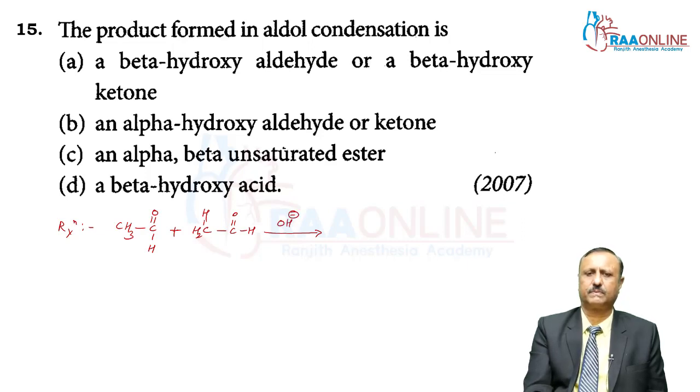The H plus ion goes to the oxygen atom because it is negatively charged, and this carbon atom is positively charged, and the negative charge is present on this carbon atom. So you get CH3CHOH and this CH2CHO group.